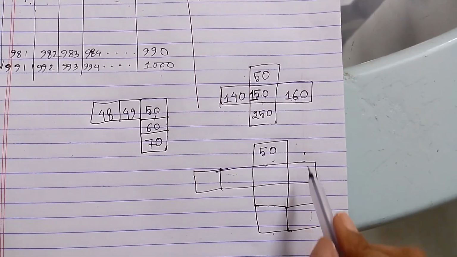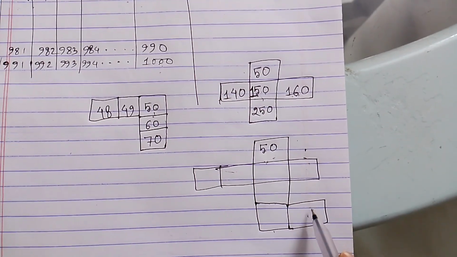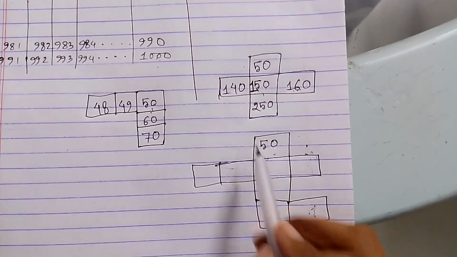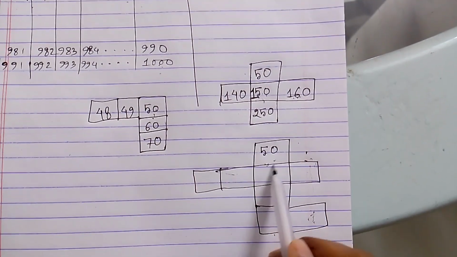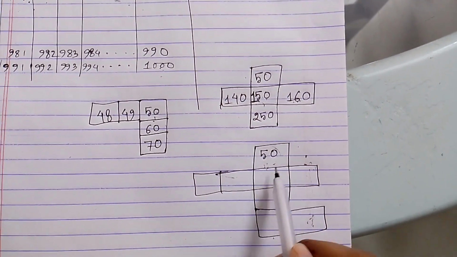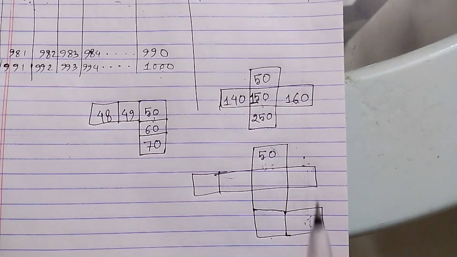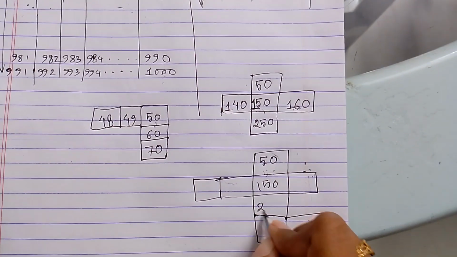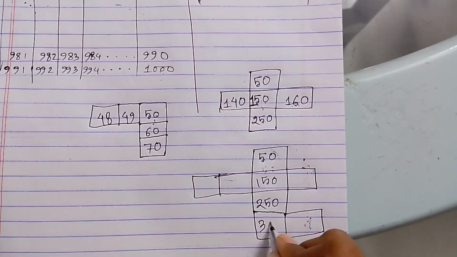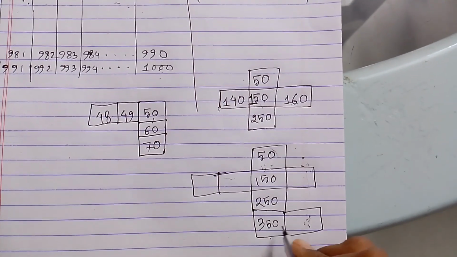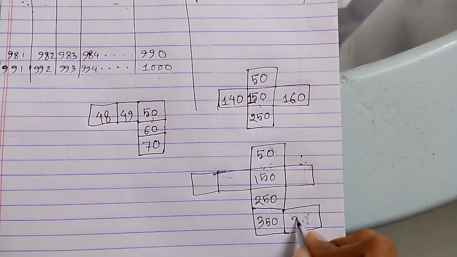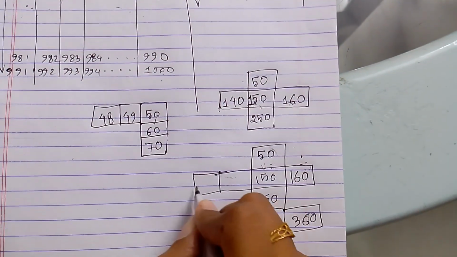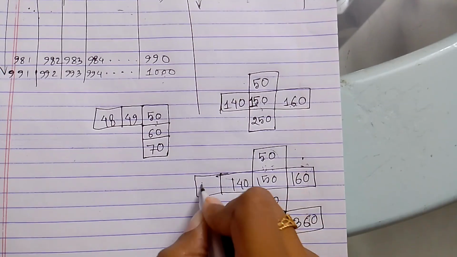Here the farthest right column is here, but we are still not sure whether it is the farthest right column or not. But we are seeing that this number 50 is not in the farthest right, so it is a square model. So 150, 250, we are just adding 100, 350, and we are adding plus 10, 360, 150, 160, and 140, 130.